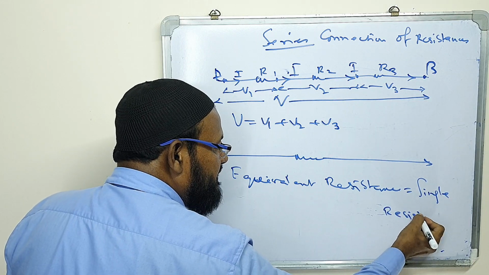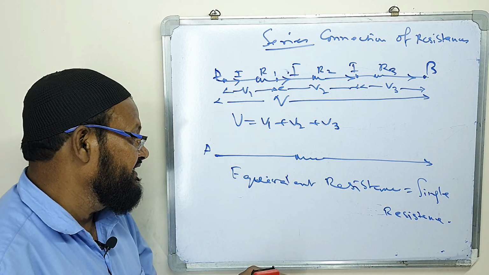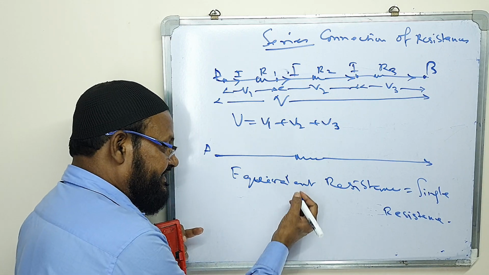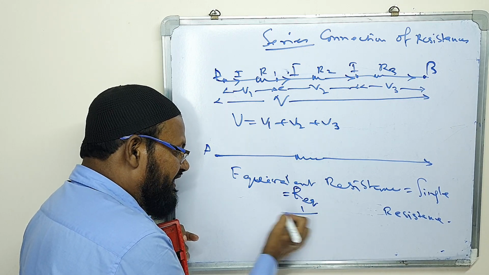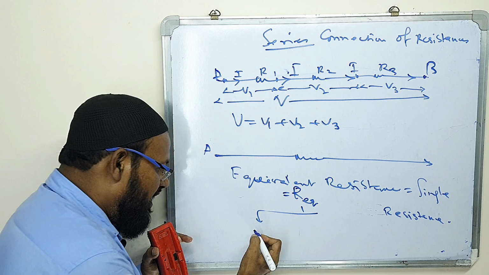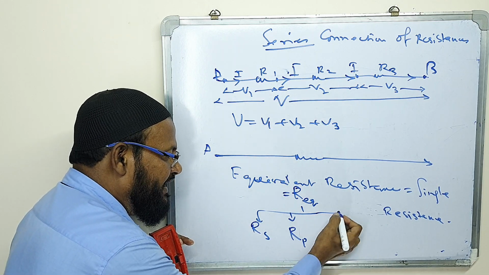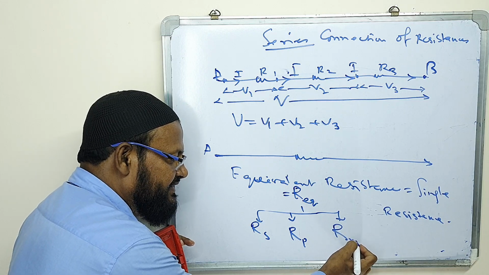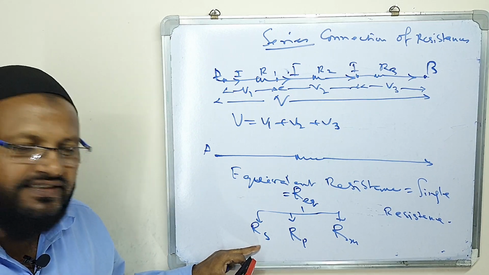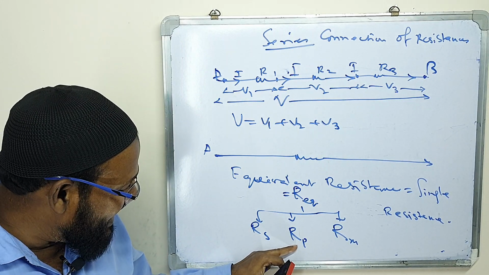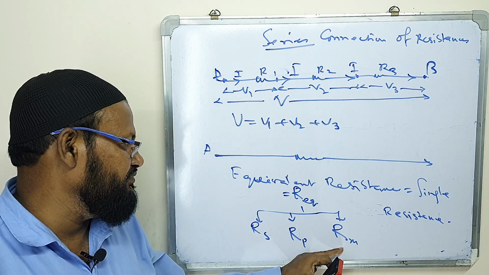This is important. Equivalent resistance is denoted by Rs in case of series, Rp in case of parallel, and Rm in case of mixed connection.